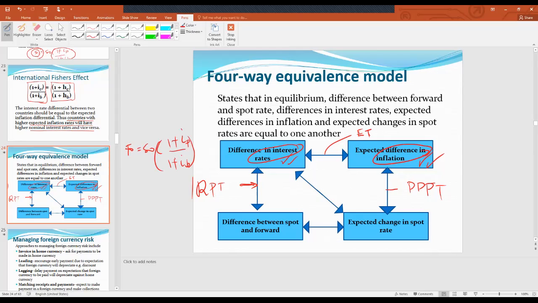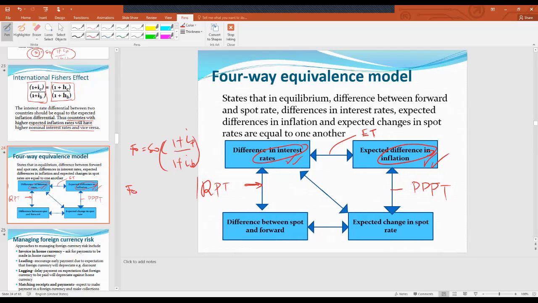So F0 divided by S0 is equal to 1 plus the interest in the price currency over 1 plus the interest in the base currency. This can be explained by the inflation rate differential.